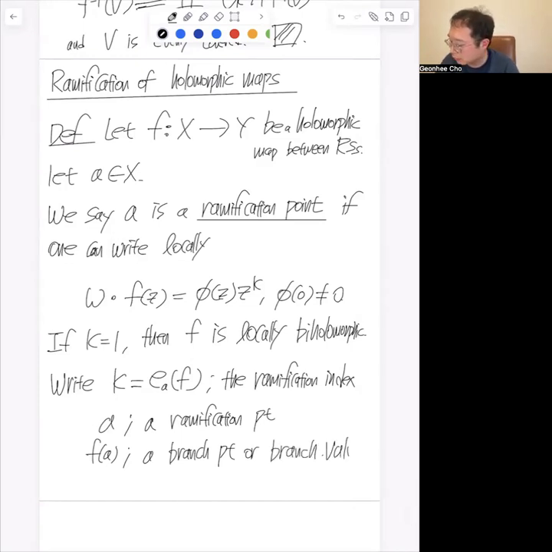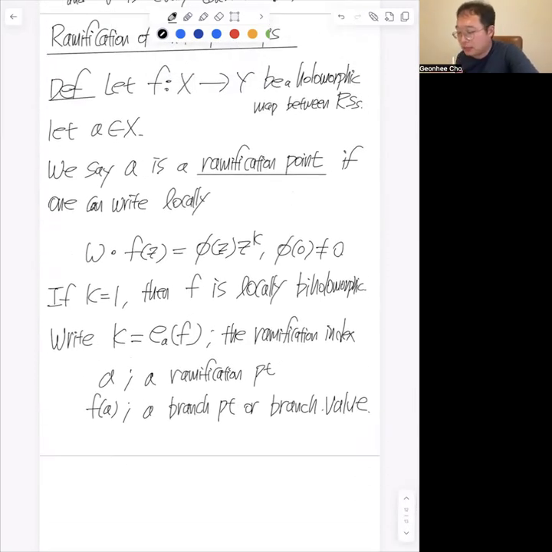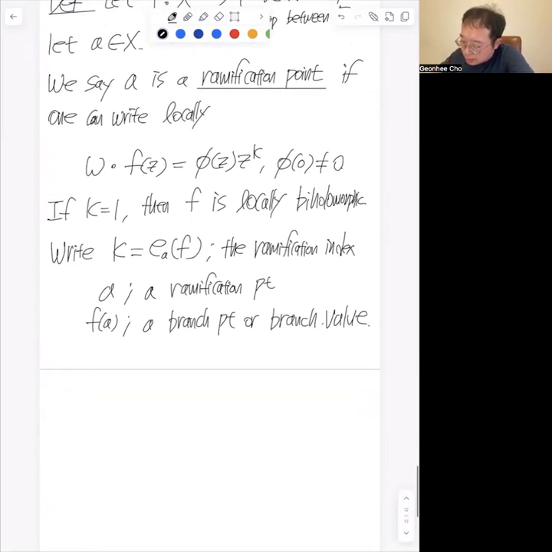Those terms are importantly used in many different fields, not only topology, but also complex analysis, number theory, and algebraic geometry. Now this is the main proposition for this lecture.